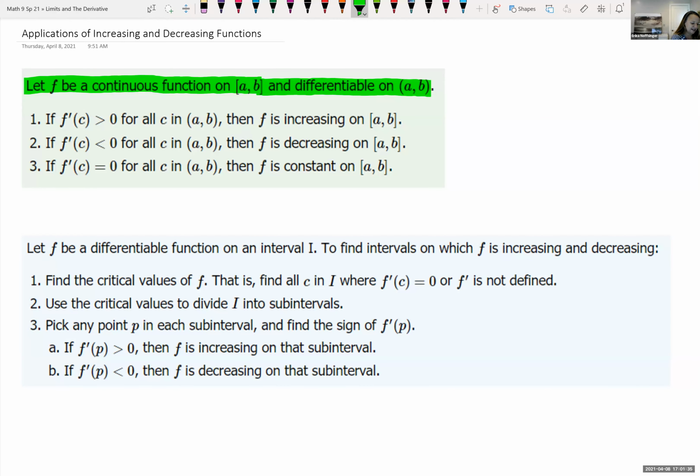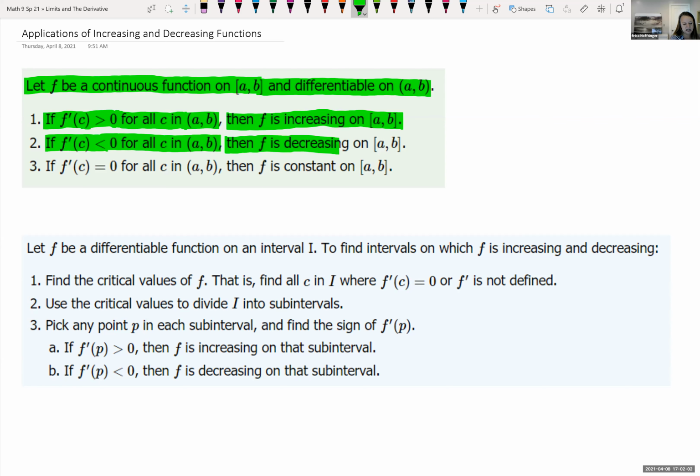We say that if f prime of c is greater than 0, so the derivative is a positive number for all c's in this interval ab, then f is increasing on that closed interval ab. If the derivative f prime of c, the derivative at x equals c, is less than 0 for all c in the open interval ab, then f is decreasing on that closed interval ab.